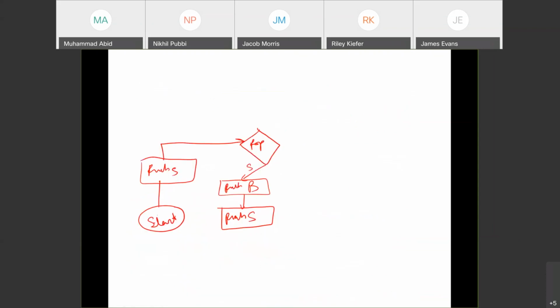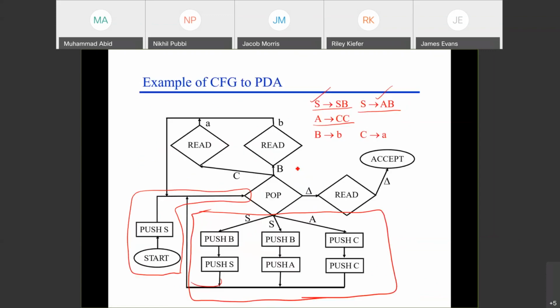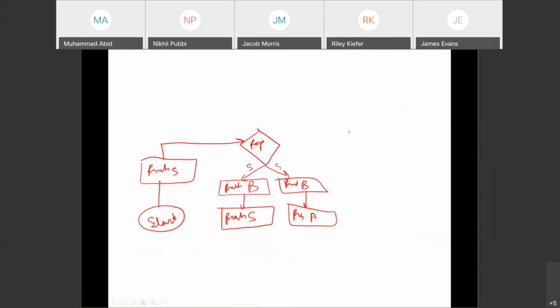So we have here again S and the same thing, push and another push, and it is AB. So A will come first, B will be after that. So you see this, and then we have this push A. This is a fixed design: S, push, push.